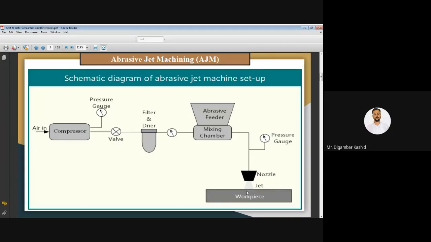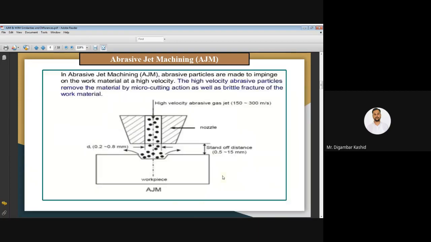So this is just a simple schematic diagram of the abrasive jet machine. Here also you can see in detail again: abrasive particles are made to impinge or strike on the workpiece with high velocity. To get the high velocity, we are taking air as a carrier gas. Correct.